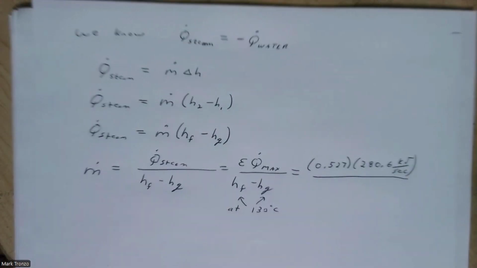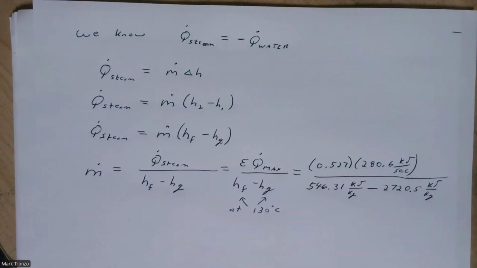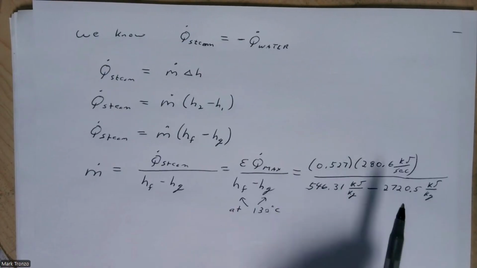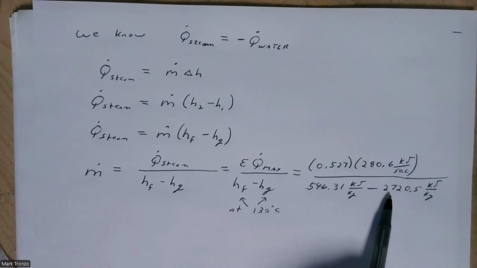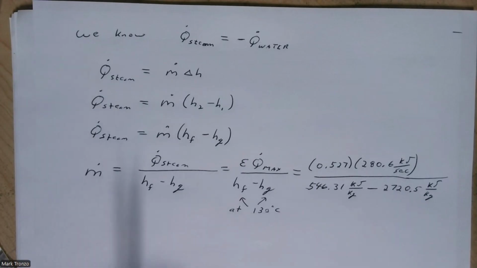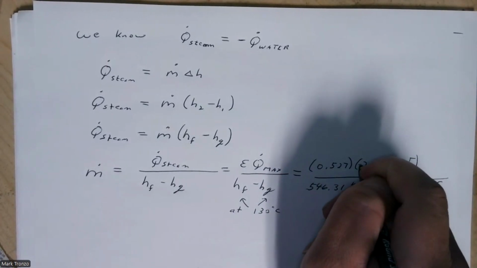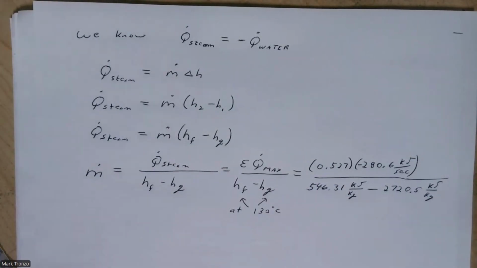So if we look up in the steam table at 130 degrees C, I get that Hf was 546.31, Hg was 2720.5. Oh, by the way, since we're dealing with the steam, heat was transferred away from the steam, so this should have a negative in here. So let's put this in our calculator.